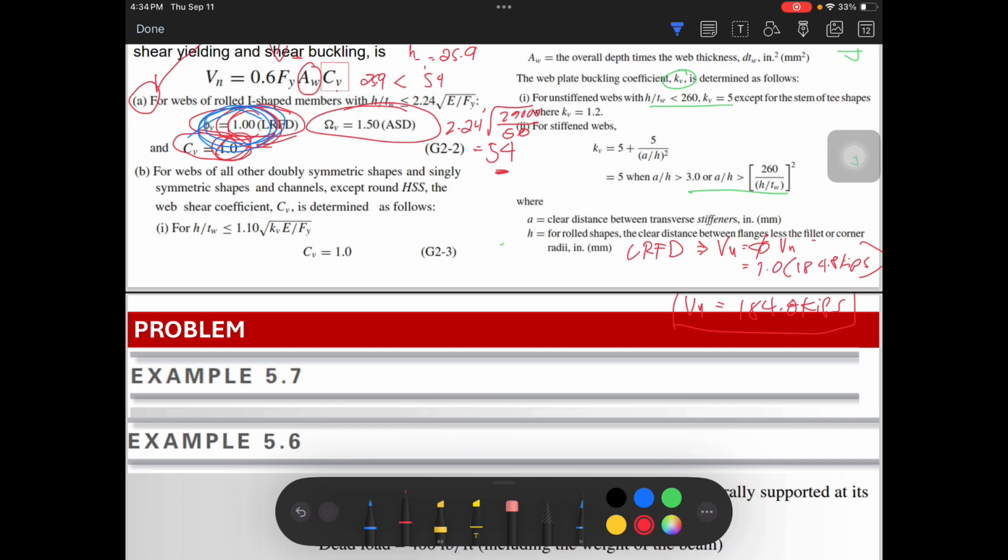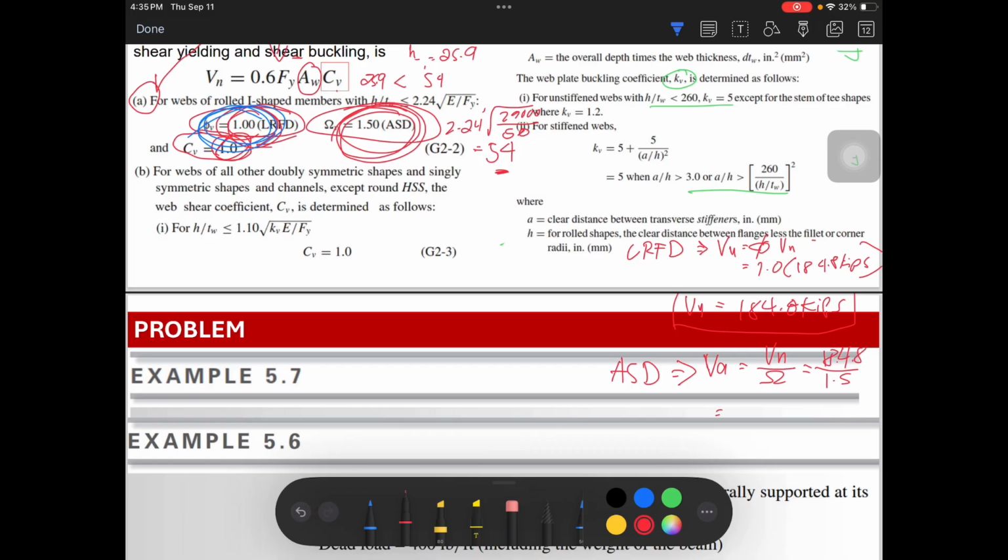How about sa ASD? ASD, ang factor natin is 1.5 and then pag ASD, divide yan. It is Va equals Vn over your factor. So Vn ay 184.8 all over 1.5 yung factor.